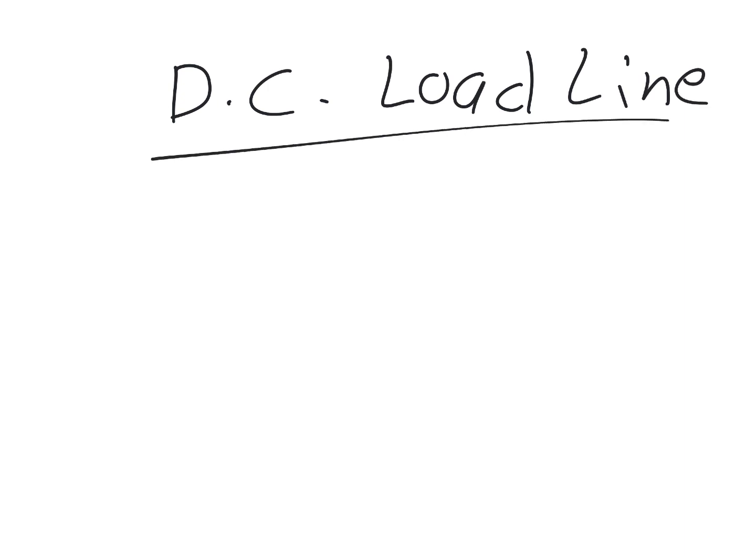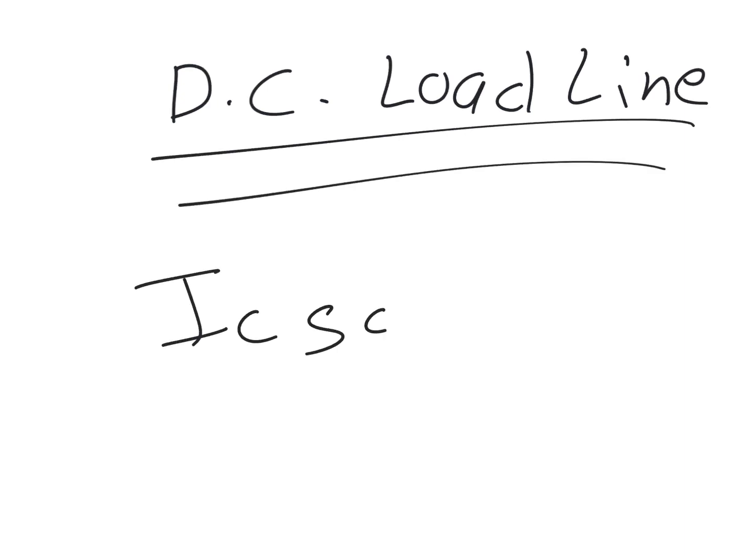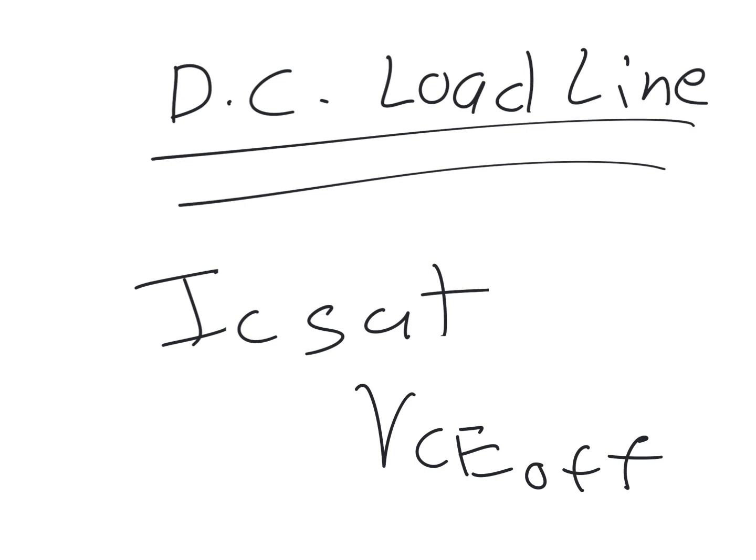So let's plot the DC load line. We've looked at this before. We need to determine the value of IC sat and VCE off. Make sure you have the drawing in front of you.